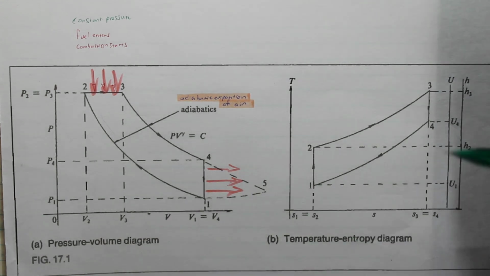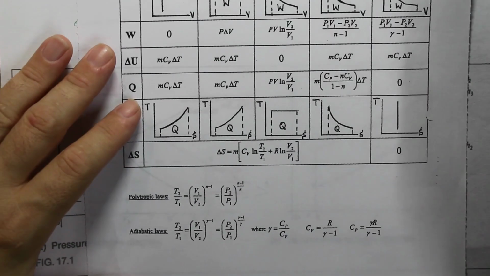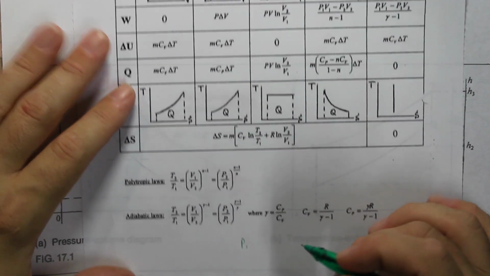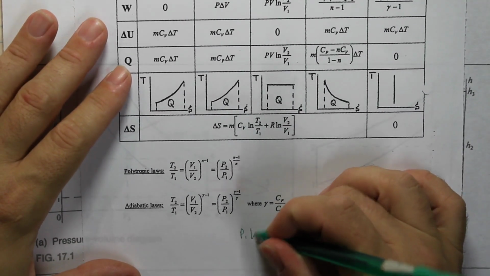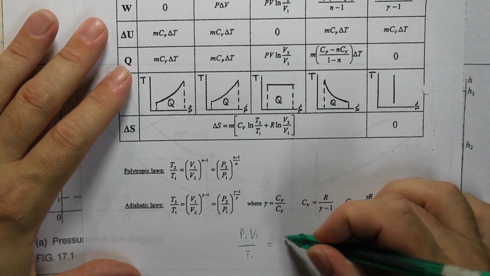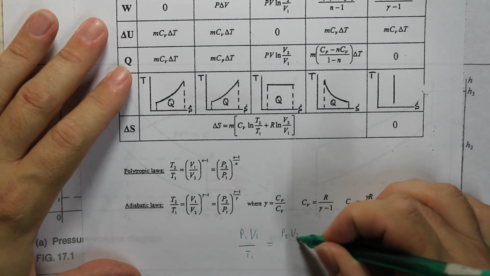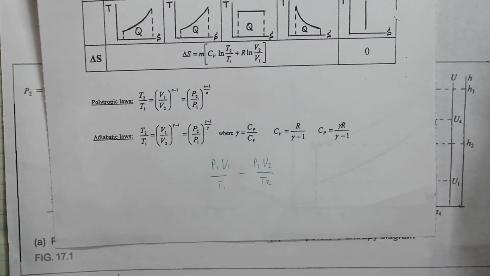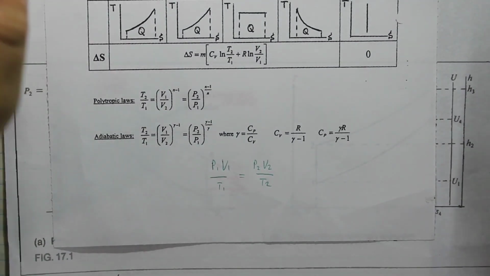Now, you will remember there is a formula that looks like this: P1 V1 over T1 equals P2 V2 over T2. You need to know that formula out of your head already.